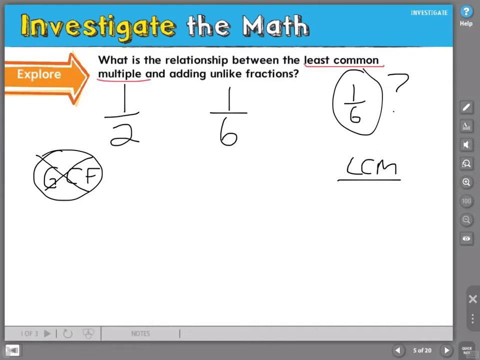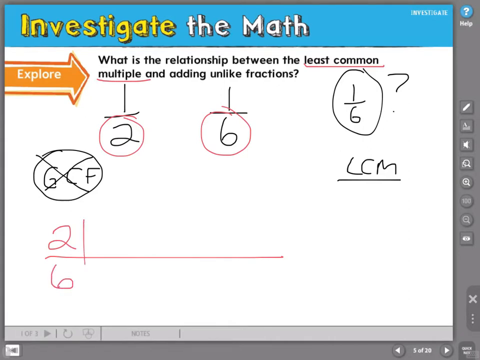We are looking for common denominators. So we are going to be finding the multiples of 2 and 6. Multiples of 2: 2, 4, 6, 8, 10. Multiples of 6: 6, 12, 18, 24.